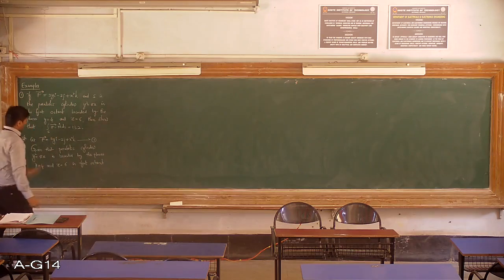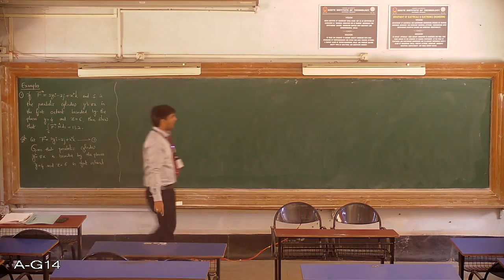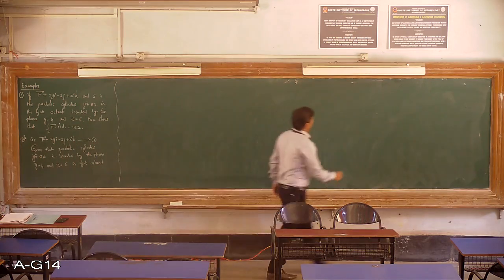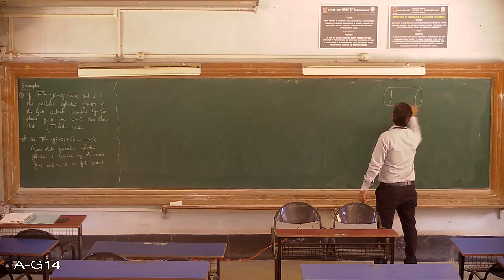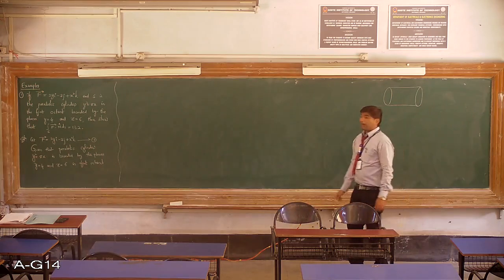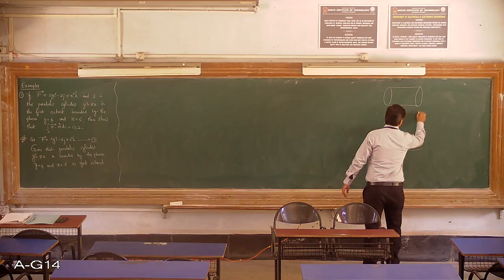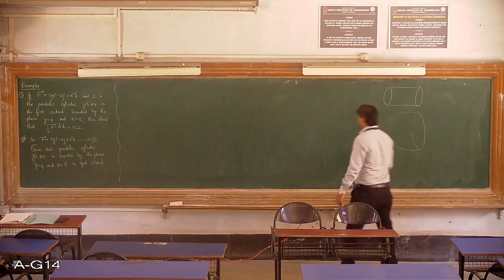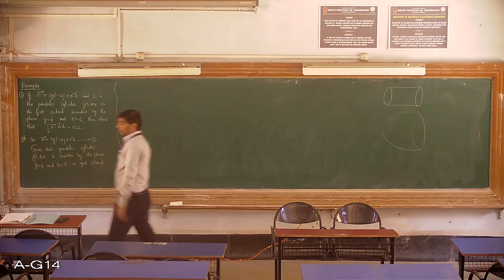Now, how do they describe the parabolic cylinder? Cylinder one can easily understand; a cylinder will be like this. But a parabolic cylinder will be like this. It is a parabolic form, so that will be a cylinder.